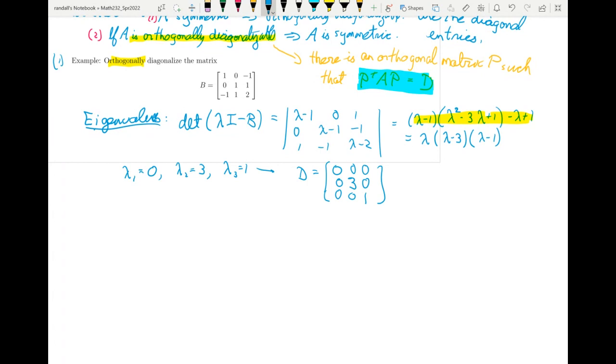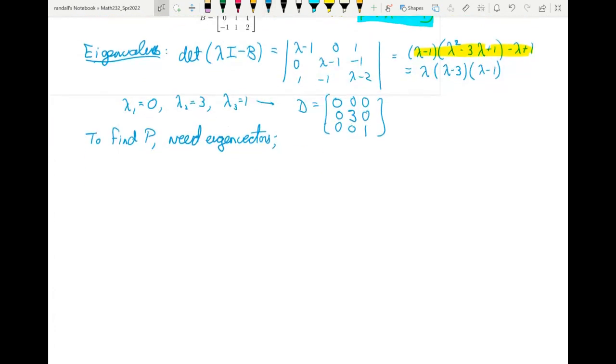So to find P, you need eigenvectors. Okay, so here we go. Luckily, I just have to write them down. You guys can verify.